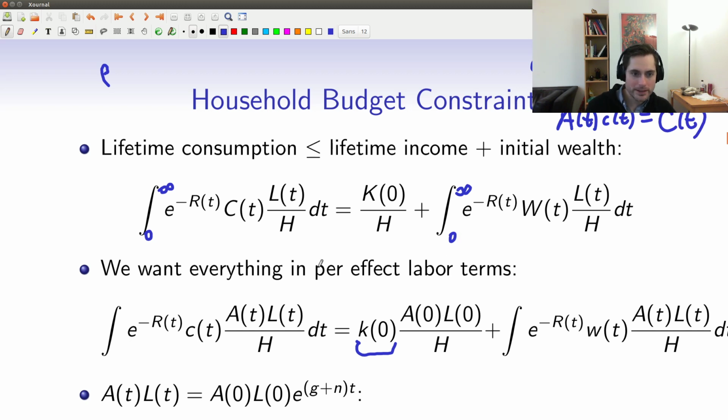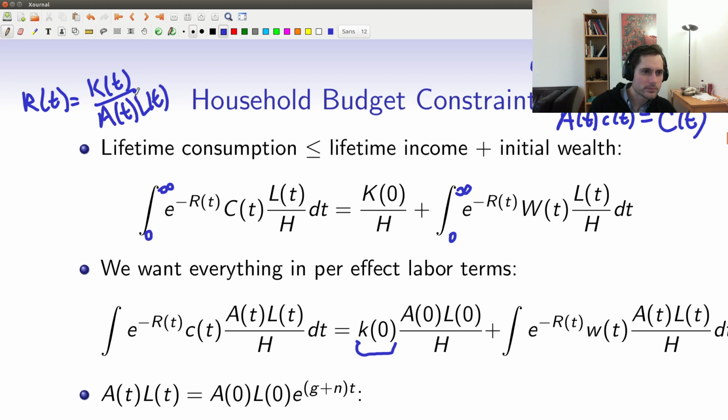On this side, I'll just write it over here again. Little k_t is going to be equal to big K_t. I should erase this thing so it's not confusing. Big K_t divided by A_t L_t. Right.